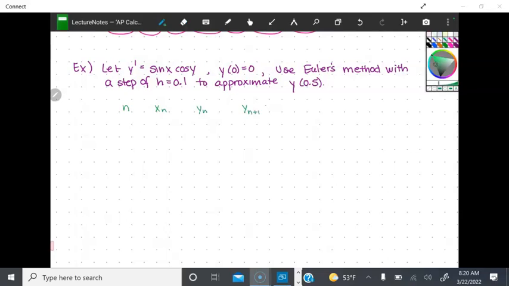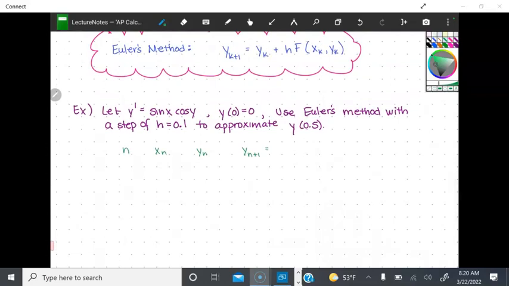And just for a visual, I actually like to put the equation for y sub n plus 1. And we're going to use the cloud for that. But we're also going to plug in for h in our derivative. So according to the cloud up above, the next value of y should be based on the current value of y plus h, which according to this problem is 0.1, times the derivative evaluated at the current x and y.